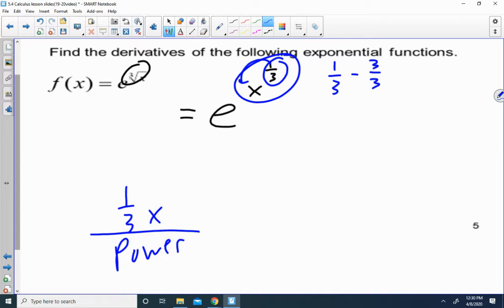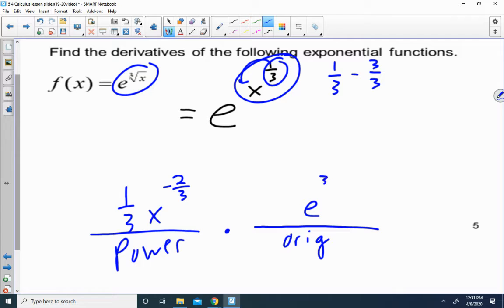So then 1/3 minus 3/3 will give you a power of negative 2/3. That was not properly written. There we go. So that's the derivative of the power. Then you just multiply by the original, in other words, the whole original function, which we have over here, which is e to the cube root of x.